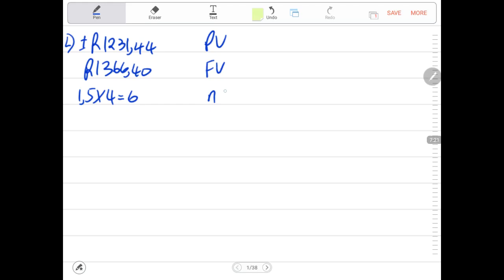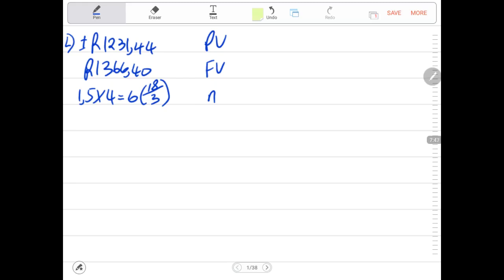If you wanted, you could have said 1.5 years is equal to 18 months. Then you divide by the number of months in a quarter. Remember, there are 3 months in a quarter, because a quarter is made of 3 months in terms of the period of a year: 3, 6, 9, 12. There are 4 quarters in a year.